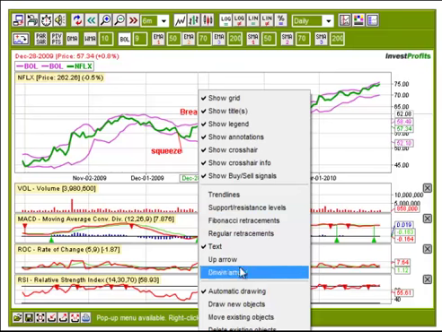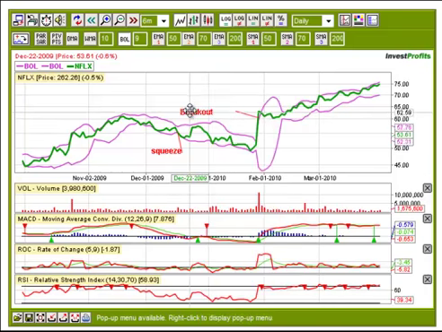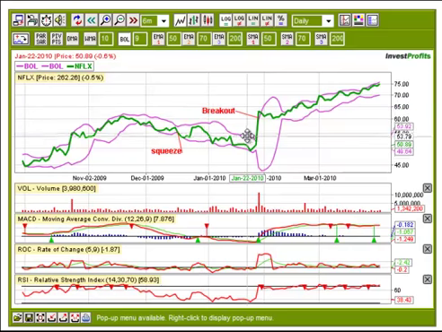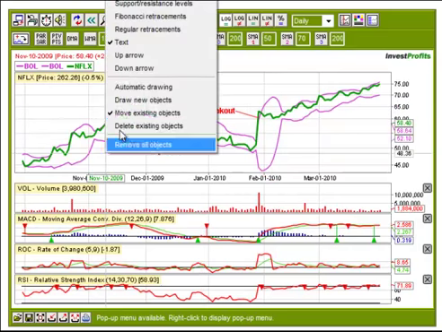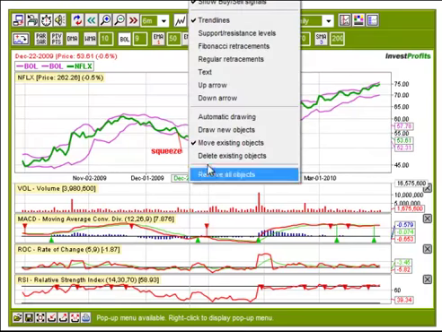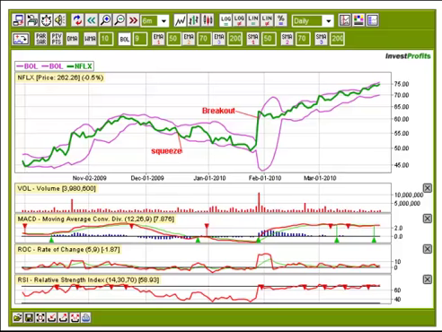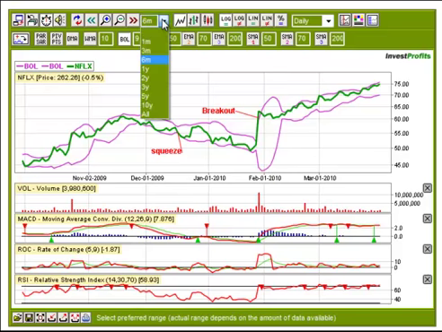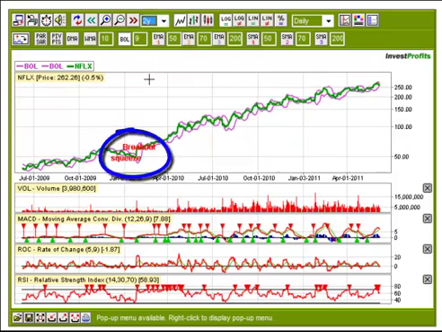You will see why I am doing this in a moment. Now, when I increase the time period, you will see the location of the squeeze and the upper band breakout. Then you can see how the stock has increased in price.